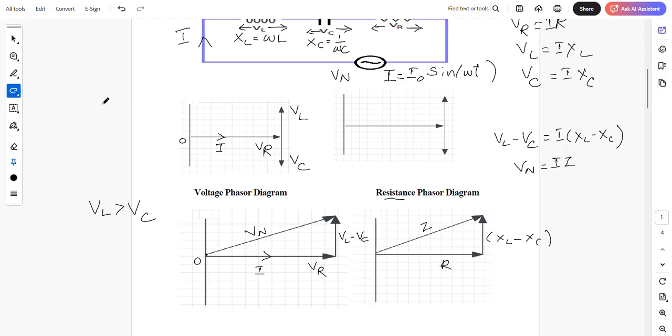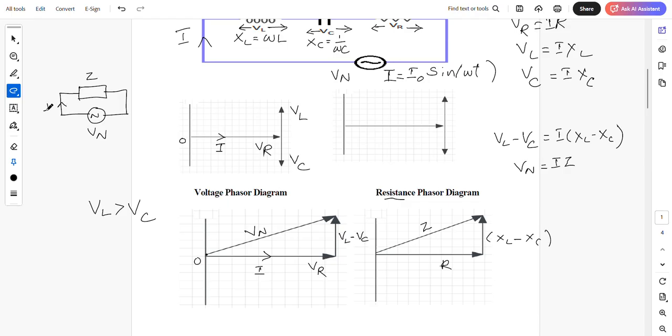From where did we get this Z? Z is nothing but the impedance. Let us say this is the voltage source, with all three in series, that is R, L and C. This is Z. This is the net voltage of the AC supply.